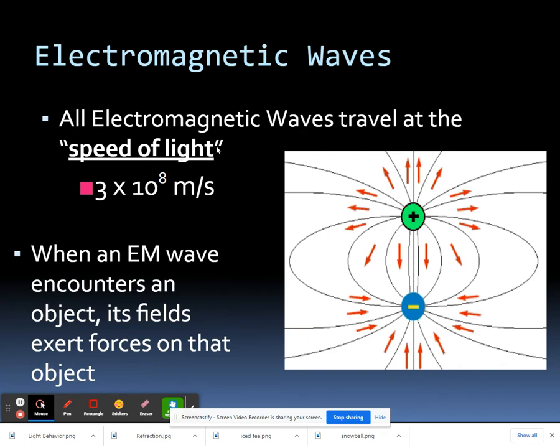A very interesting fact that blew my mind the first time I heard it is that an electromagnetic wave travels at the speed of light. All of them do, because light is just part of the electromagnetic spectrum. Radio waves, microwaves, gamma rays, X-rays, and ultraviolet rays all travel at the same speed, the so-called speed of light.